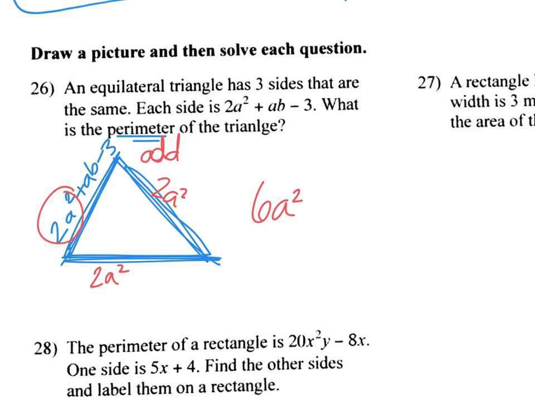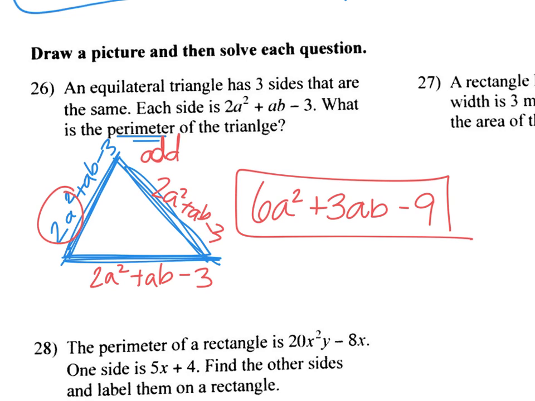Remember, when I add, I keep everything the same. Plus ab, so that's going to be 3 ab's. And then minus 3 on all sides is minus 9. You could have also done that by saying 3 that are the same, and they're all this same polynomial. And you could have just distributed to get that same final answer.